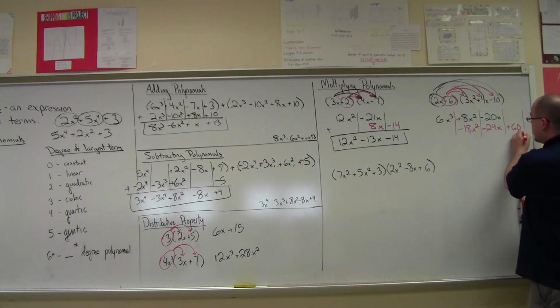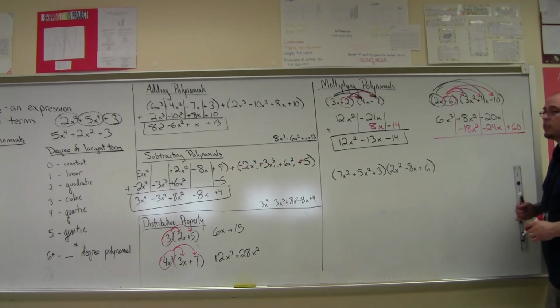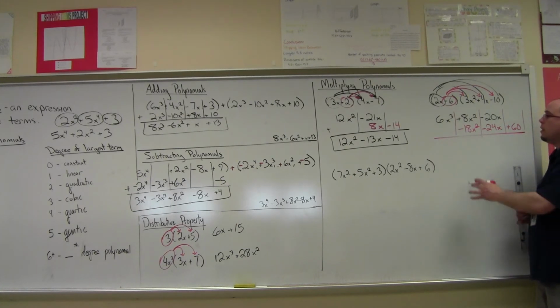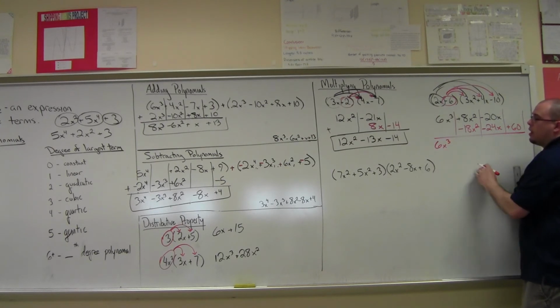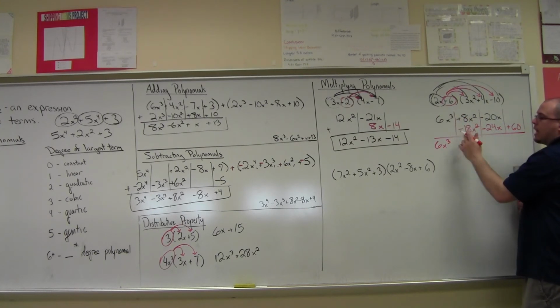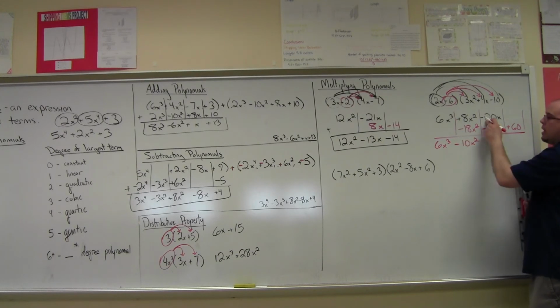So now we're just going to line up all of our terms based on degree, and then we're just going to add them. So we're going to have 6x to the third stay 6x to the third. 8x squared plus negative 18x squared is negative 10x squared. Negative 20 plus negative 24 is negative 44, and that's x.